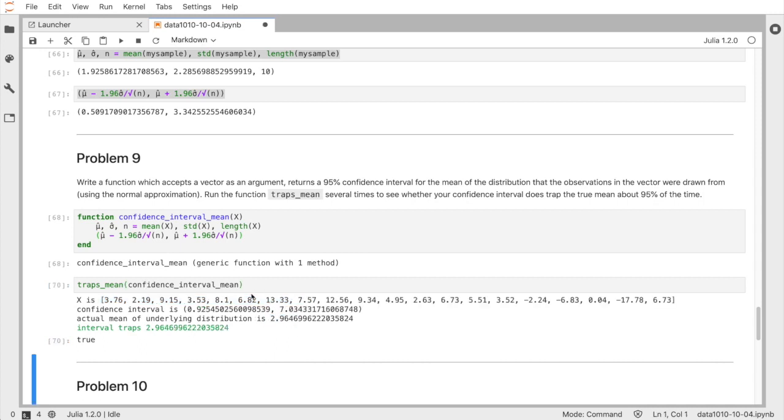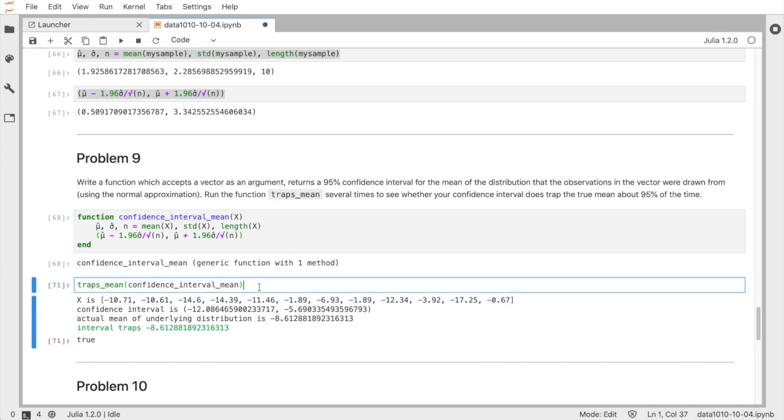So we can run it again, and we get a new distribution that has a new mean, and that mean was used together with other details about the distribution to generate these observations. There are more observations this time. Our confidence interval is from 0.92 up to 7, and that does trap the actual value of 3.